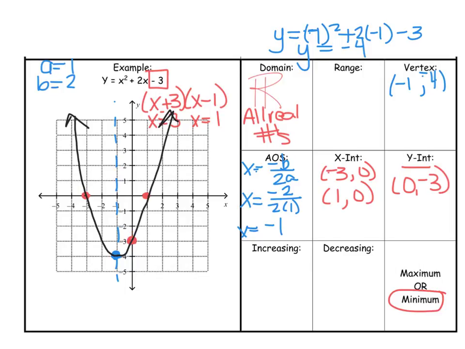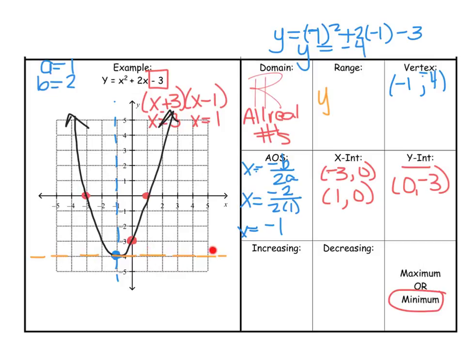So how do we determine the range of this function? Since it's a minimum, here is the minimum value. My y-axis doesn't go any further than negative 4. So our range is always going to be a y, because our range measures the y values of the function. And in this case, everything is above negative 4.